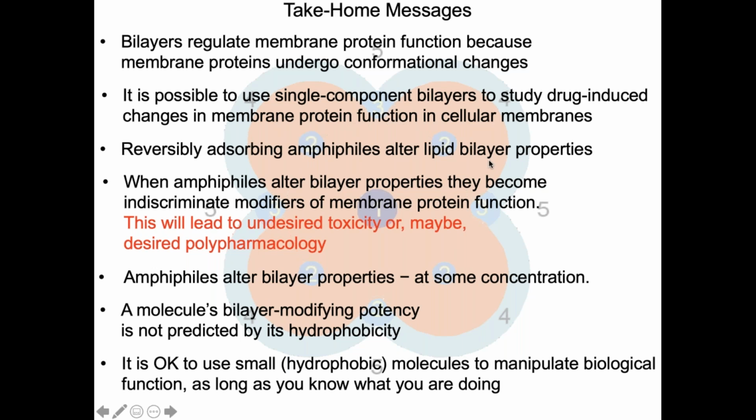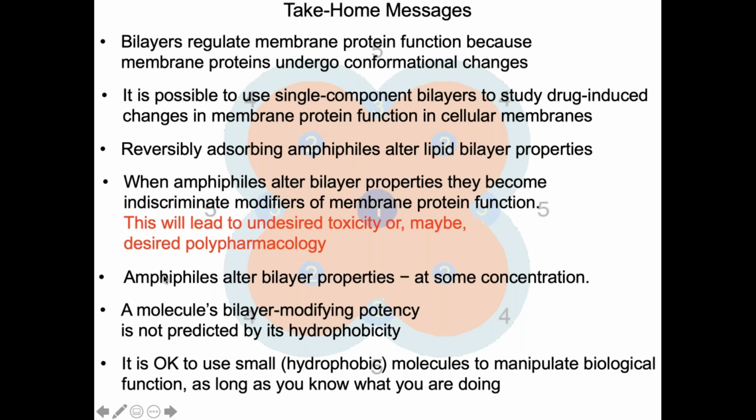Reversibly absorbing amphiphiles alter lipid bilayer properties. When the changes in bilayer properties become sufficient, these molecules cause indiscriminate changes in protein function. And this may, and most likely will, lead to undesired toxicity, but in the case of amiodarone, for example, very likely desired polypharmacology.